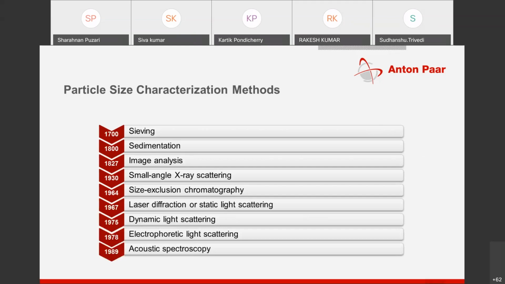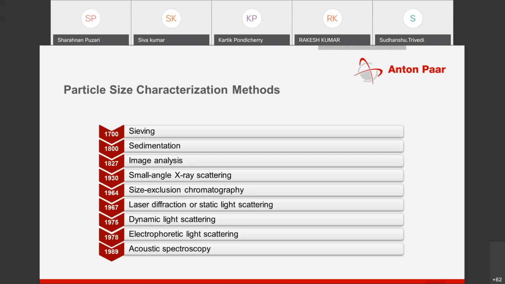All these techniques are used for measuring particle size, but particle size is always measured using different properties of a particle. It is not measured directly. One property of a particle is measured, and then the information is converted into size. So I would say all these methods are indirect methods, not direct methods for particle characterization.